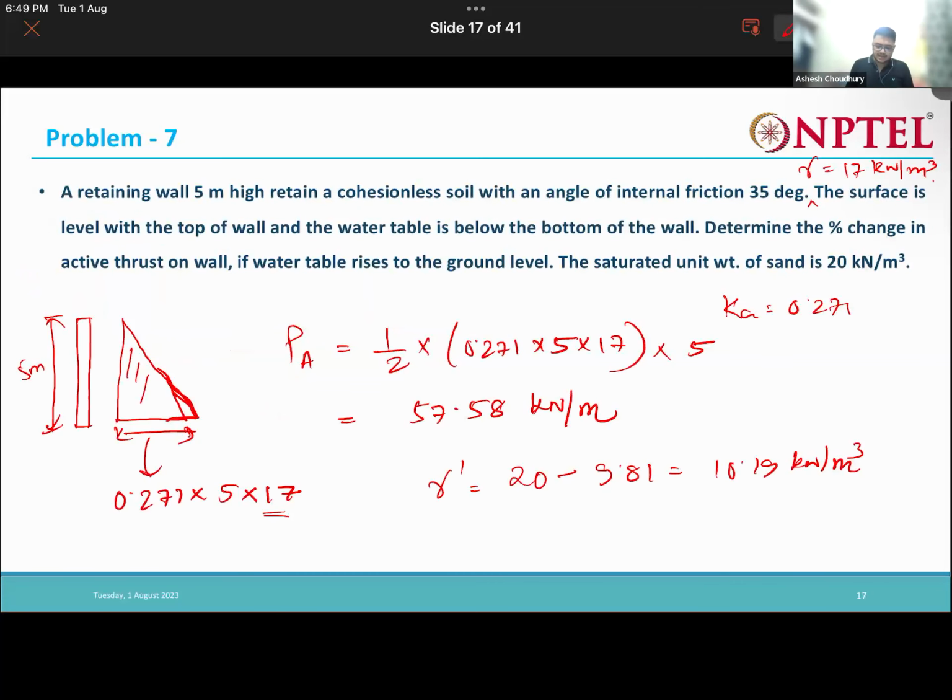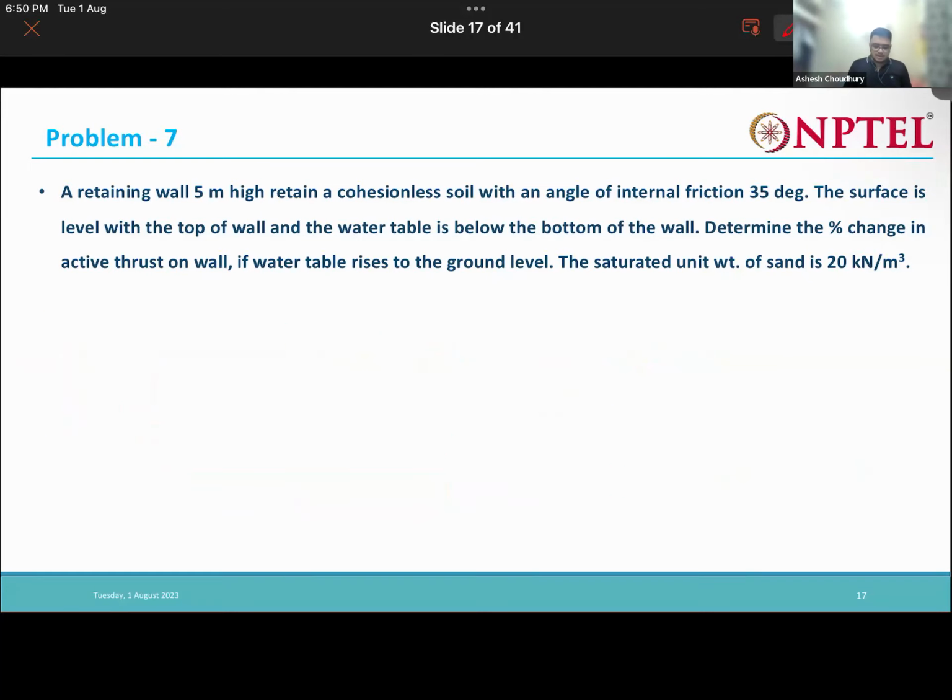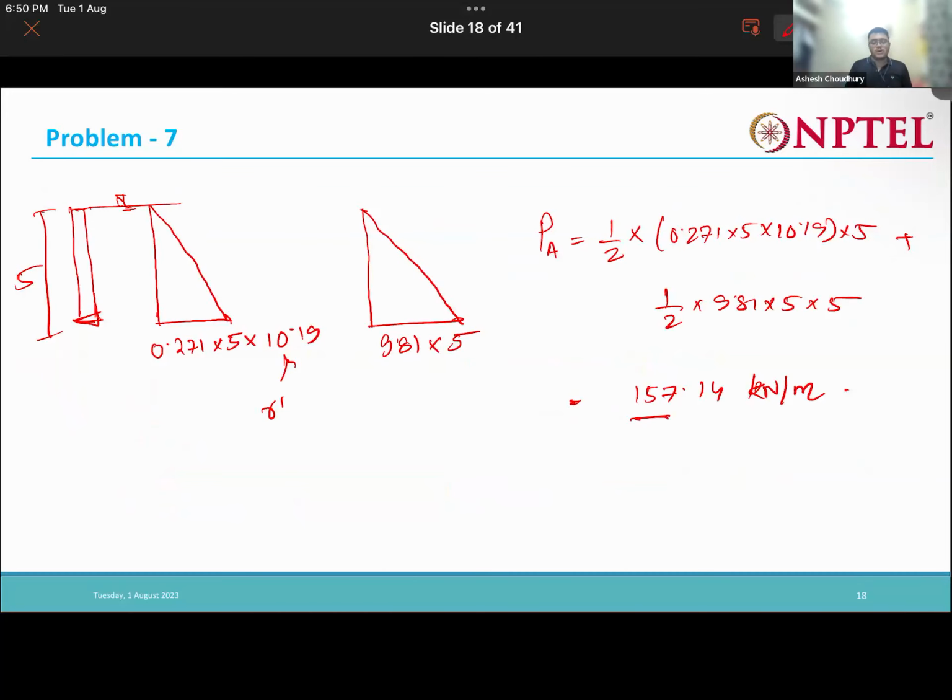So initially, in dry condition, the total active thrust was just 57.58 kilonewton per meter. But as the backfill soil got submerged, it increased to 157.14.